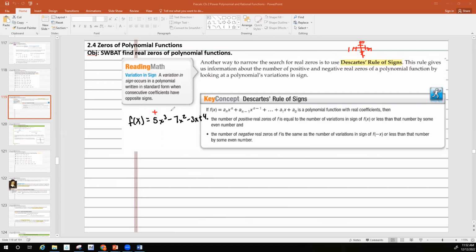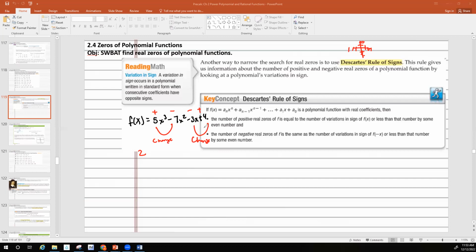So here it's positive, negative, negative, positive. When do the signs change? How many times does it change? Changes once. And this one, it doesn't change. Negative to negative, that's the same. But then we have a negative to a positive. So this one changes. How many changes do we get? We get 2.